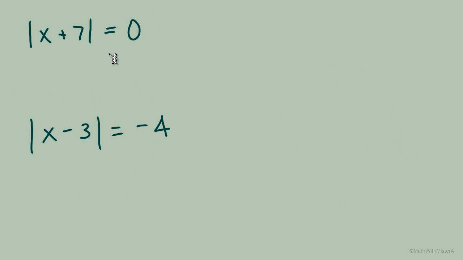Let's talk about these 2 examples. Absolute value of x plus 7 equals 0. So there's some number that we can move to the right 7 units, and then our distance from 0 will be exactly 0. And think about, if we use our approach where we set up 2 equations, one equation has a positive 0 and the other equation uses a negative 0, but there really is no difference with a positive or negative 0.